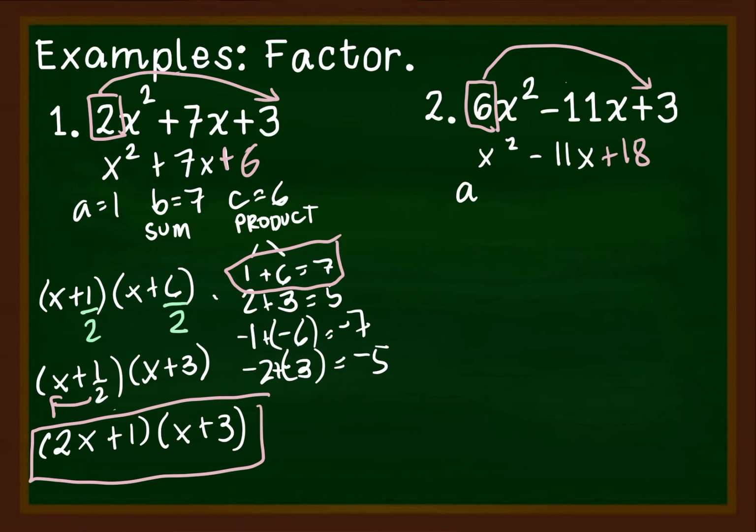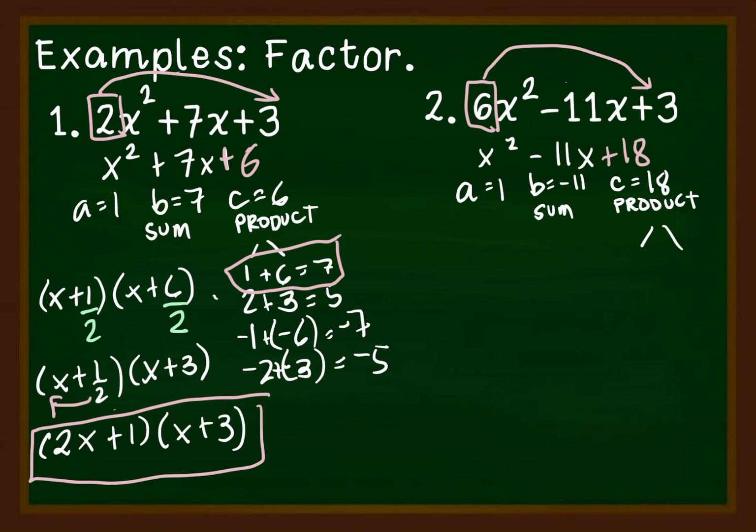Okay, ang new a natin ay 1, ang new b natin ay negative 11, at ang new c natin ay 18. Okay, again, we think of two numbers na ang product ay c. So, ibig sabihin, pag minultiply natin ay 18, at pag inadd naman natin ay equal sa b. So, this is now the sum.